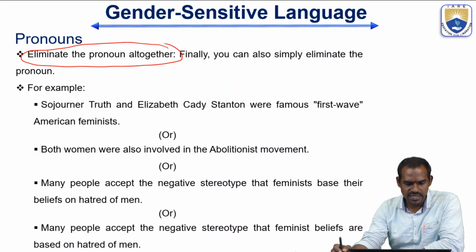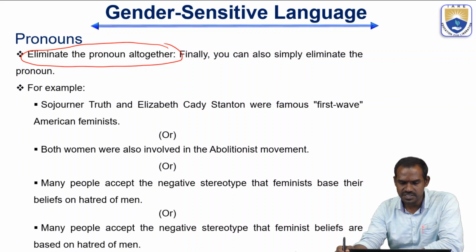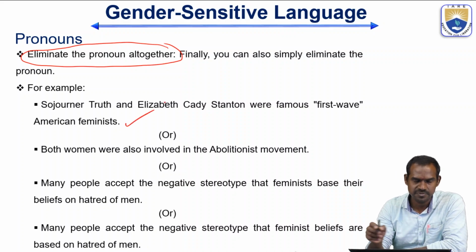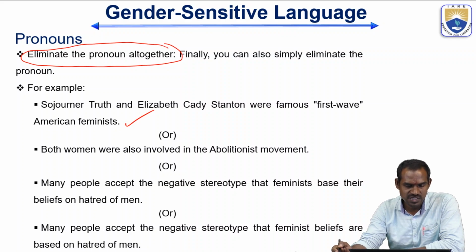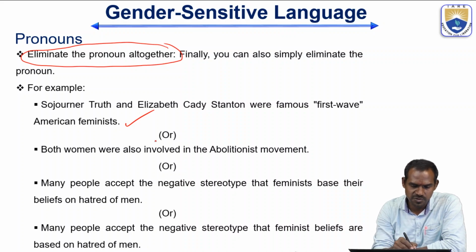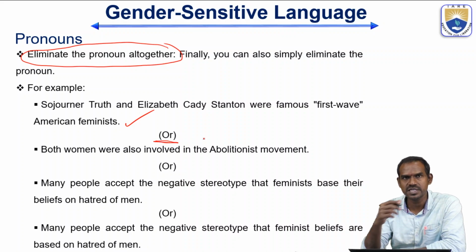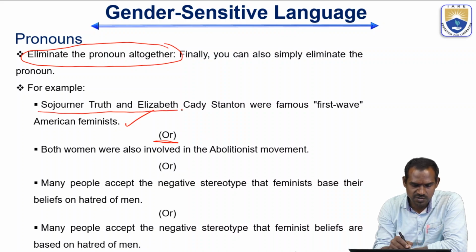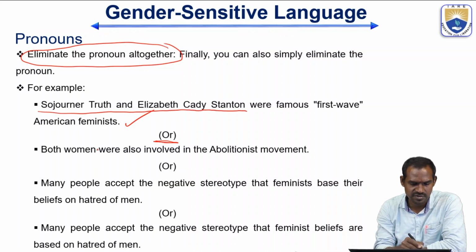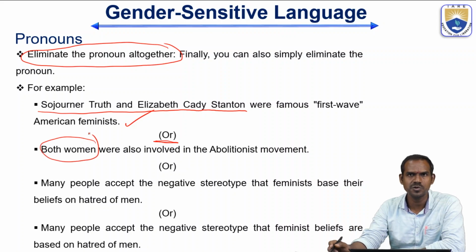Sojourner Truth and Elizabeth Cady Stanton were famous first wave American feminists. That I have explained in the first slide of pronouns. So it can be used in another way without using any pronoun. Instead of Sojourner Truth and Elizabeth Cady Stanton, we can use "both women."